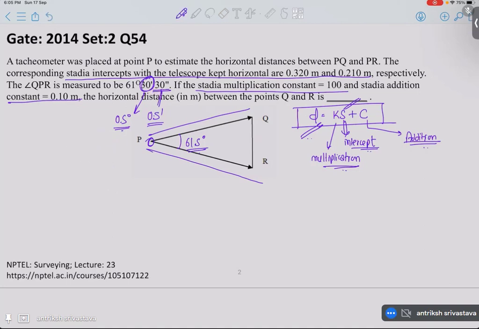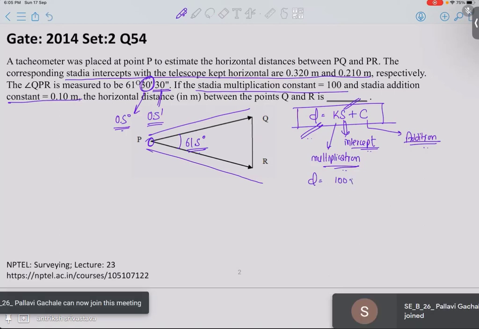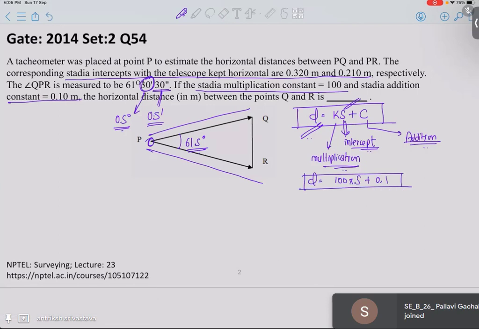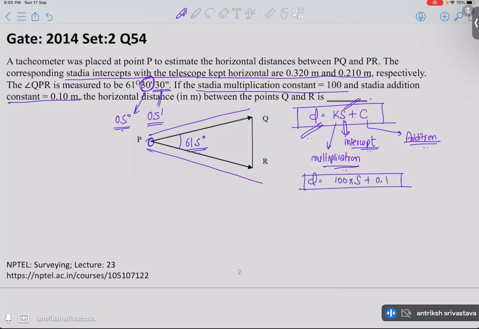Based on this equation, D equal to 100 into stadia intercept plus 0.1. What will be our PQ and what will be our PR? Can you guys calculate and tell me? You don't even need a calculator for this thing.